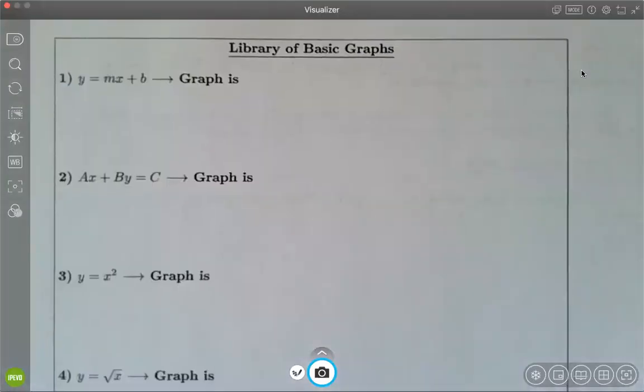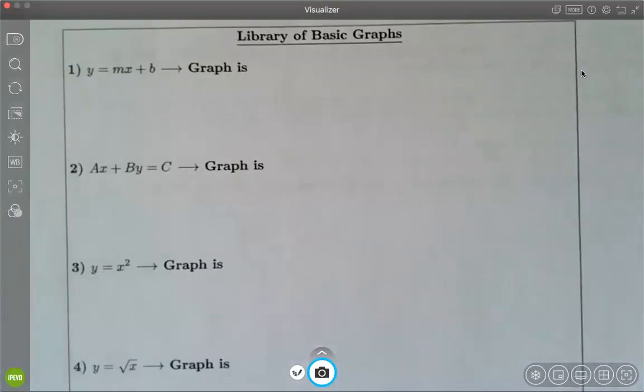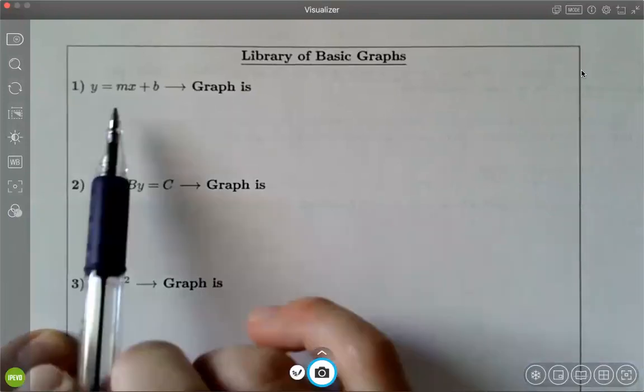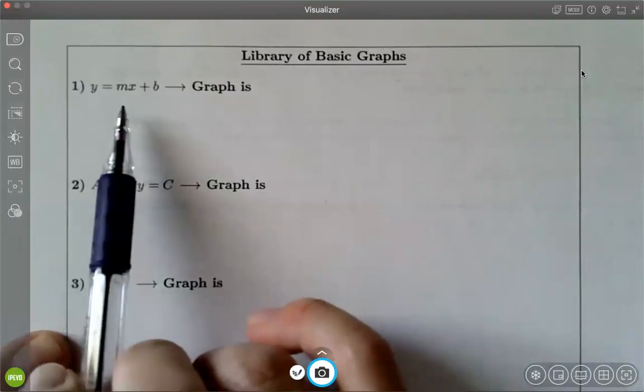The library of basic graphs. Hopefully you remember or already know some of these graphs from the past math course. So y equals mx plus b. Have you seen this form before? Yeah, you should. How does the graph look like?